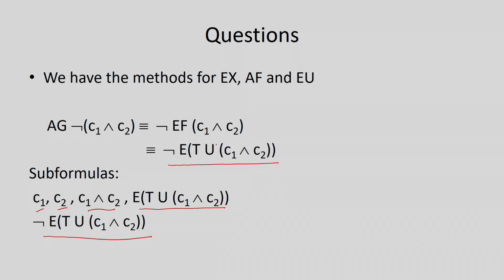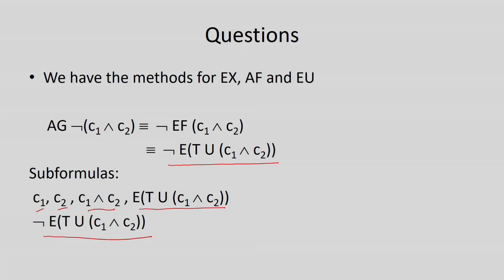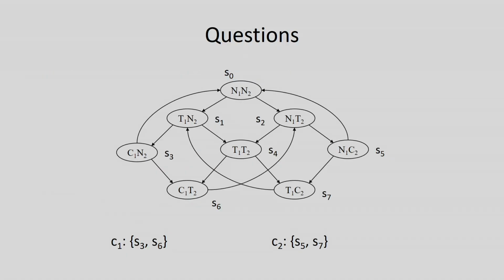When I am going to look for the truth values of this formula, I must know the truth values of those sub formulas. That means I must know the set of states where these sub formulas are true. In this case, we have a total of 8 states, from S0 to S7.